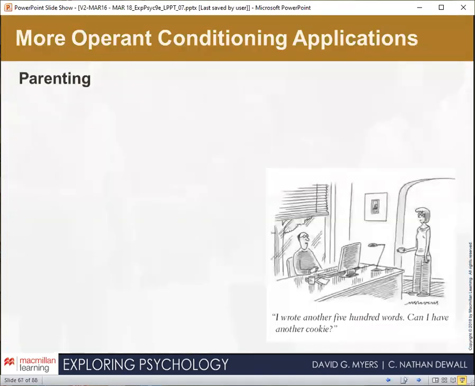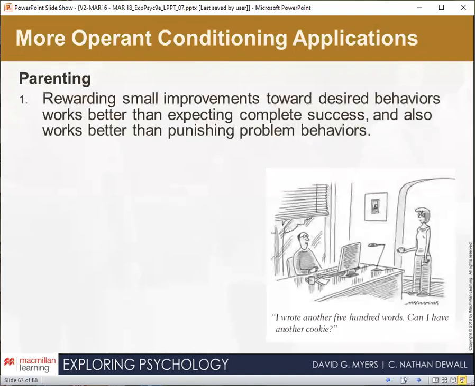Now, more operant conditioning applications real quickly here. Most often when people think of operant conditioning, they can relate to it more when they look at the parenting scenario. They see that operant conditioning is all over it.